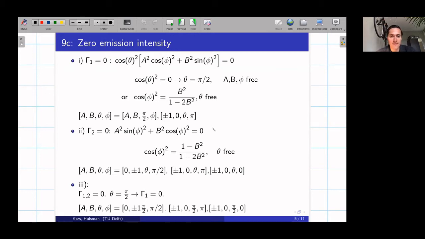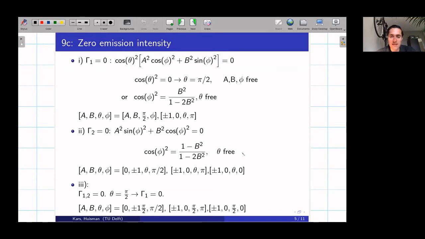Okay, and then for point 2 in the question, when the polarization direction 2 doesn't give anything, so the emission intensity in that direction is 0, then we need to solve this equation. But similar to 1, only now you have 1 minus b squared instead of just b squared.